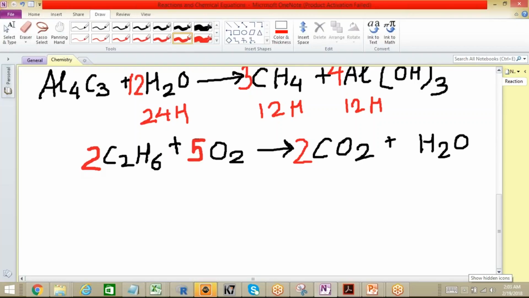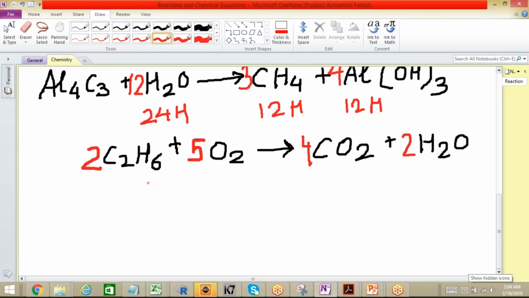This will become 2, right? 5, this will remain 5 because the 2 will be cancelled out. Okay, now this will become 4. If you multiply the entire equation, this will become 4. Okay, and this will become 2H2. Fine.